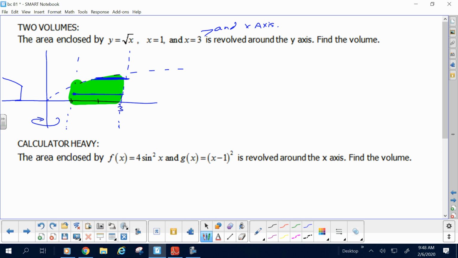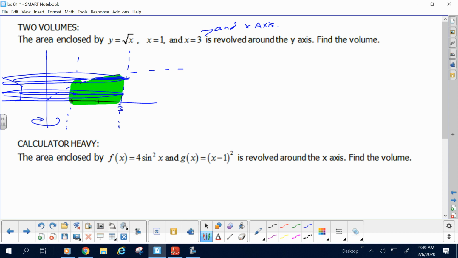So because of that, two totally different situations, we're going to need to do two integrals. If you knew how to use x as the variable, it would only be one integral, but you don't.